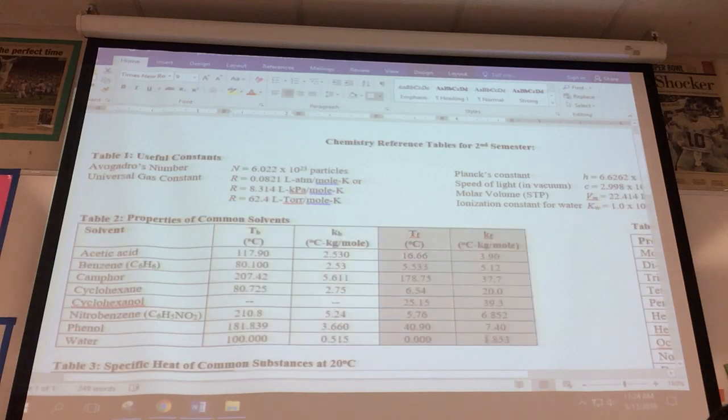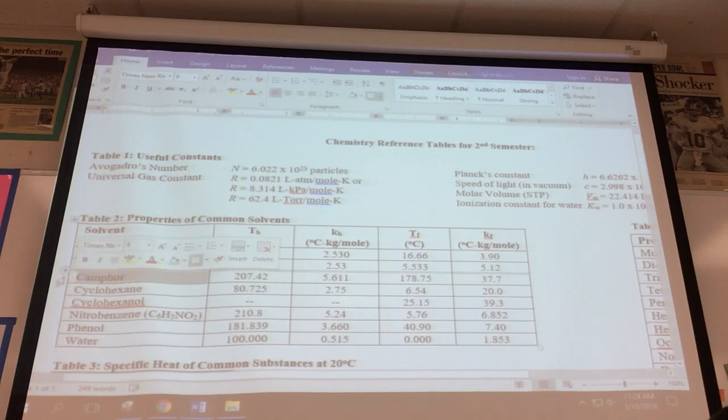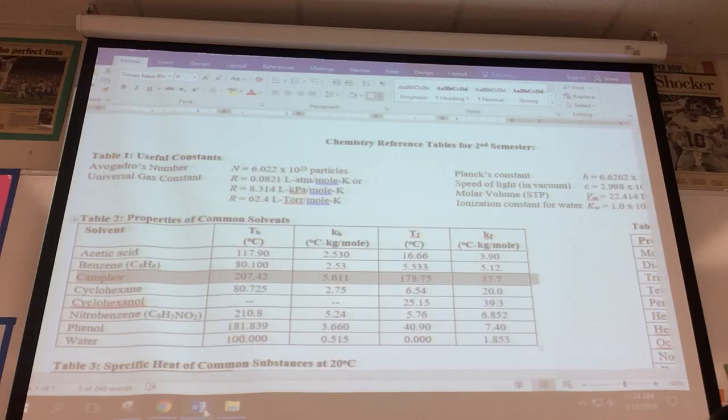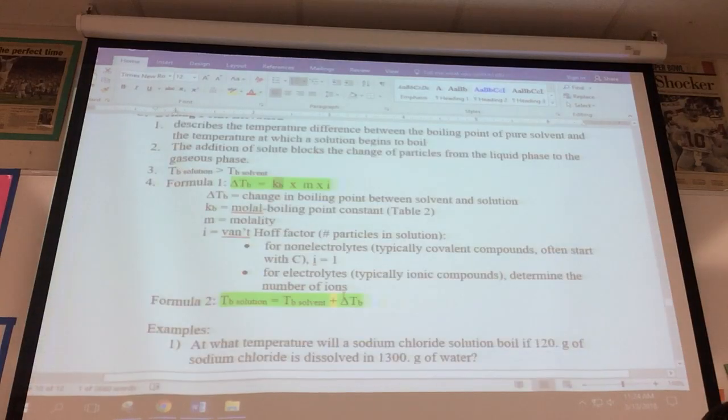You'll see later on for freezing point, we'll be looking here. So I want to know what my solvent is. Let's say it was camphor, and in this instance, I'd have the boiling point of camphor alone and the molal boiling point constant for camphor, and I'll show you how to use those. But that's the first piece of Formula 1.